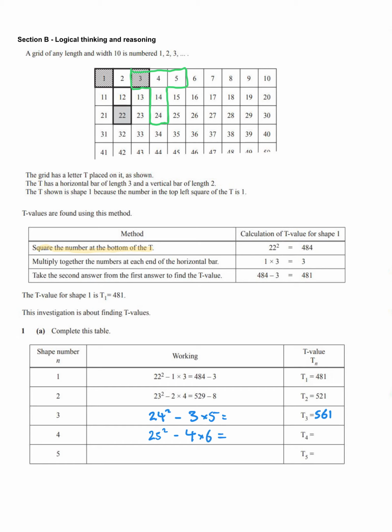Fantastic. For building it up here, we're getting a T value for the fourth one of 601. I'm going to follow the same pattern again, and the next one is 26 squared minus 5 times 7. Plug that into my calculator, and I'm getting an answer of 641.